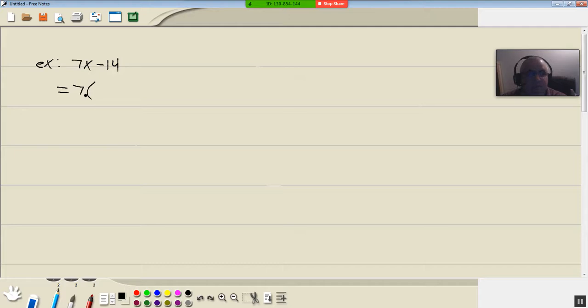Now factor means to write as a product, but how we accomplish it is by dividing. So I take my first number here, 7 divided by 7 gives us 1, and the x remains, minus 14 divided by 7 is 2. And you never write 1s there for your coefficient, so that drops. And our answer is 7 times x minus 2.